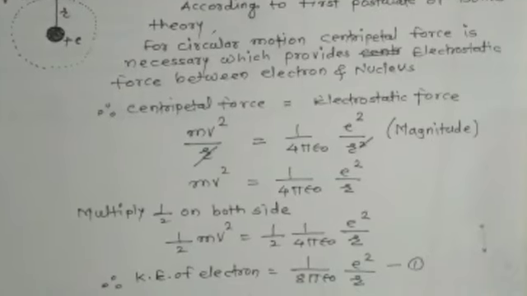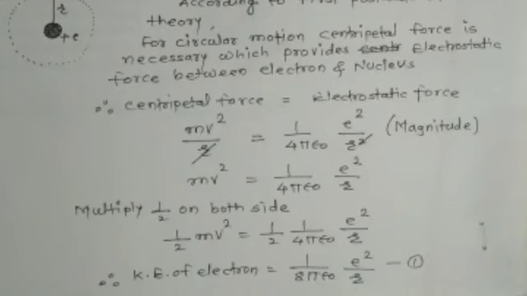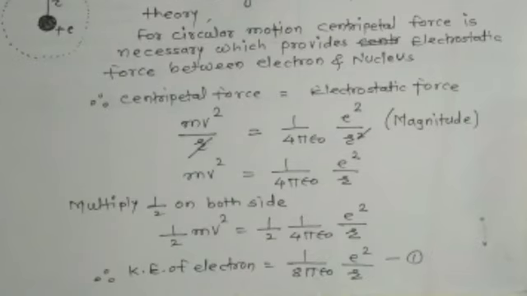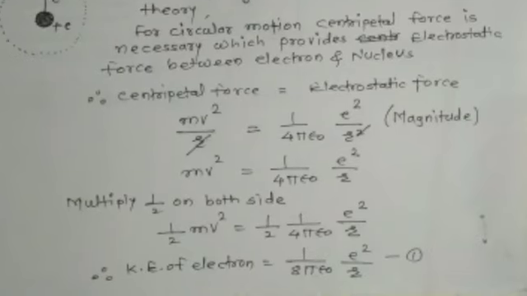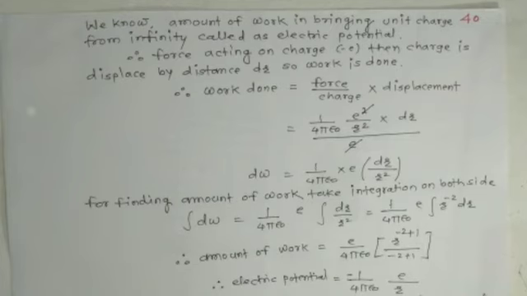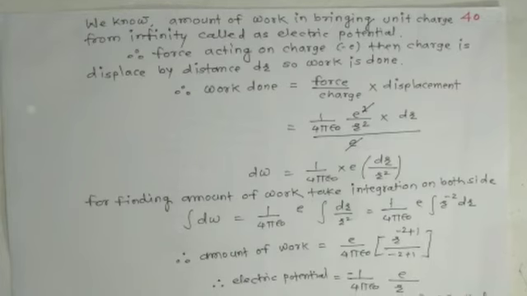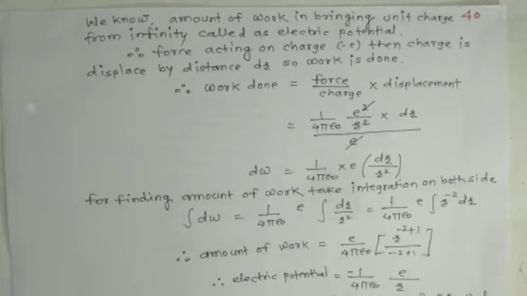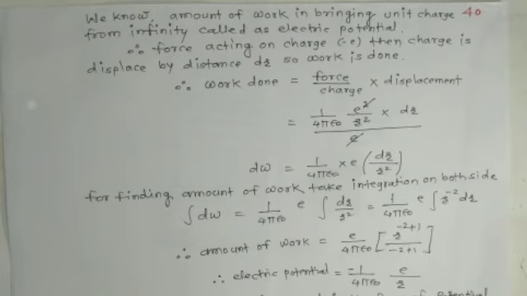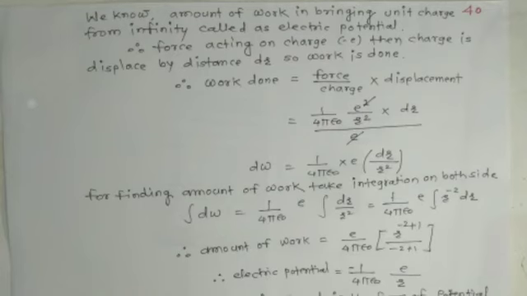So kinetic energy of electron is equal to 1 upon 8 pi epsilon 0 e square upon r. Equation number 1.